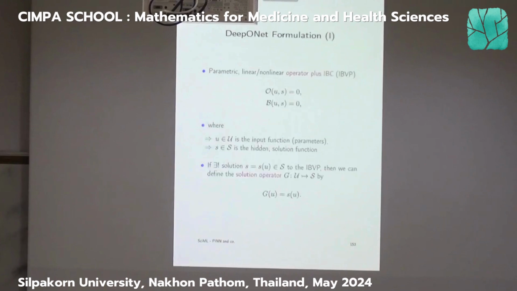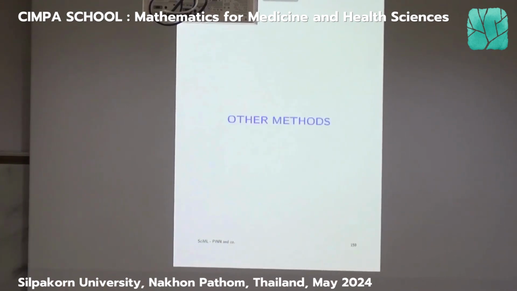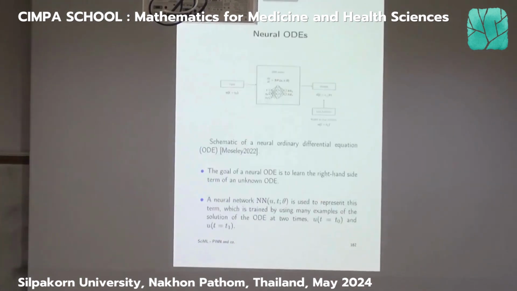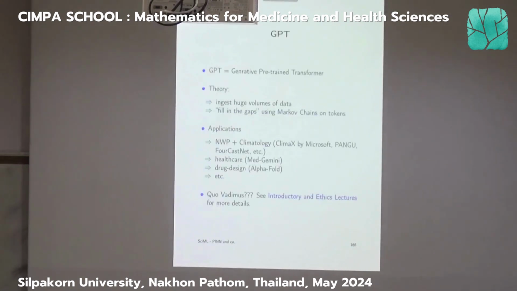Then there are combinations of operators. Okay, it goes on and on and on. And the last thing is GPT. I showed you already, numerical weather prediction is being done by generative pre-trained transformers.